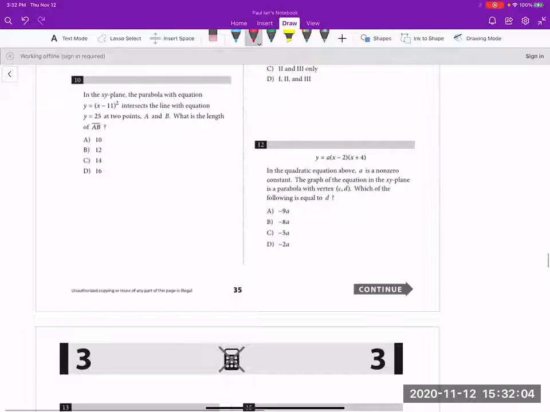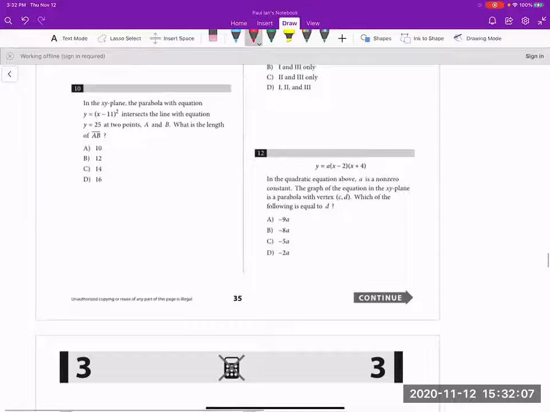Okay, and then number 12. -4, -2. The x-coordinate of the vertex would be negative B over 2A.